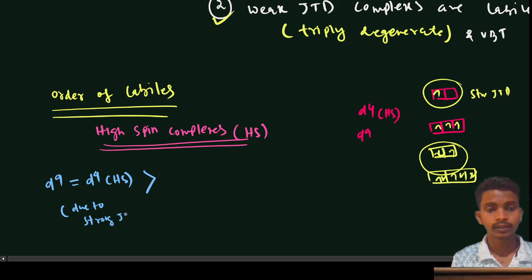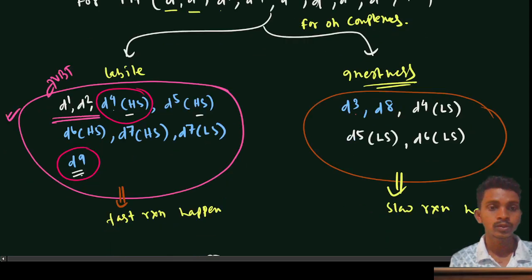Then we will have weak JTD. For weak JTD, we see which ones are triply degenerate.